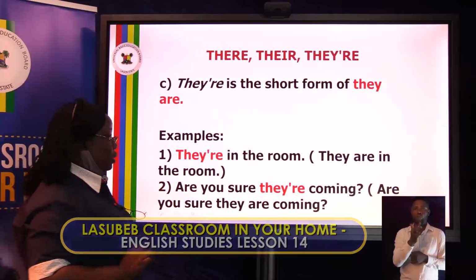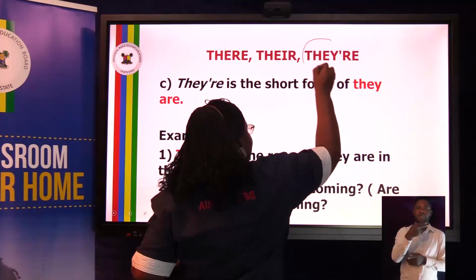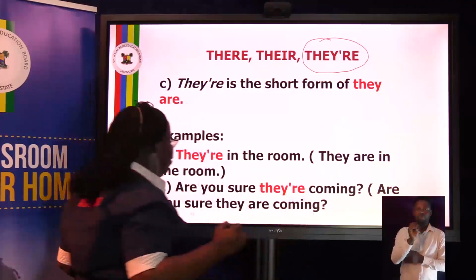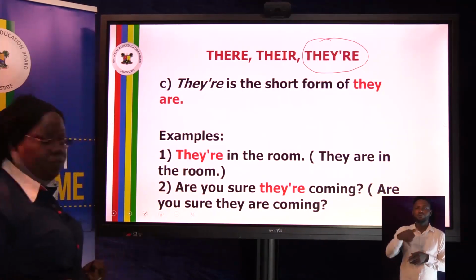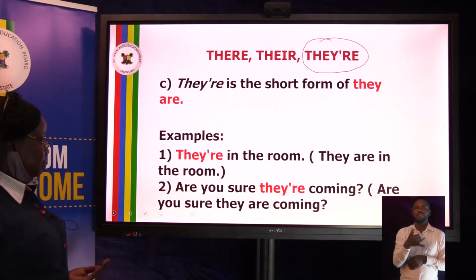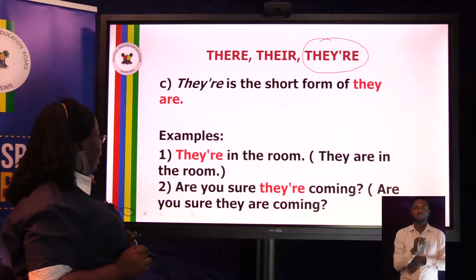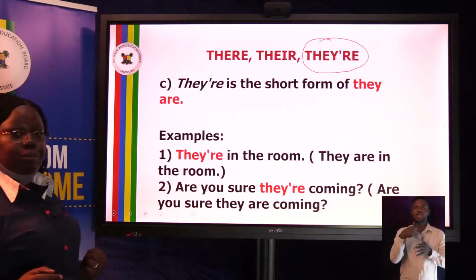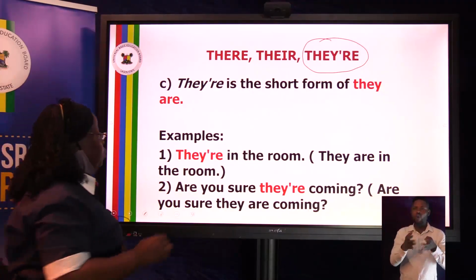Now to the third one, they're. They apostrophe re is a short form of they are. Example is they're in the room. They are in the room.